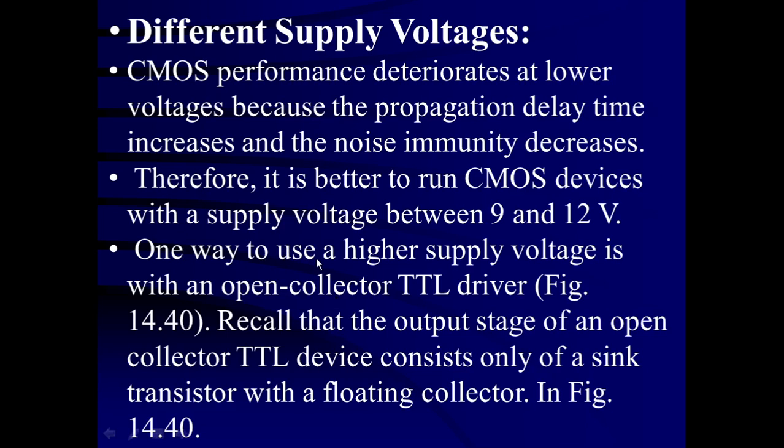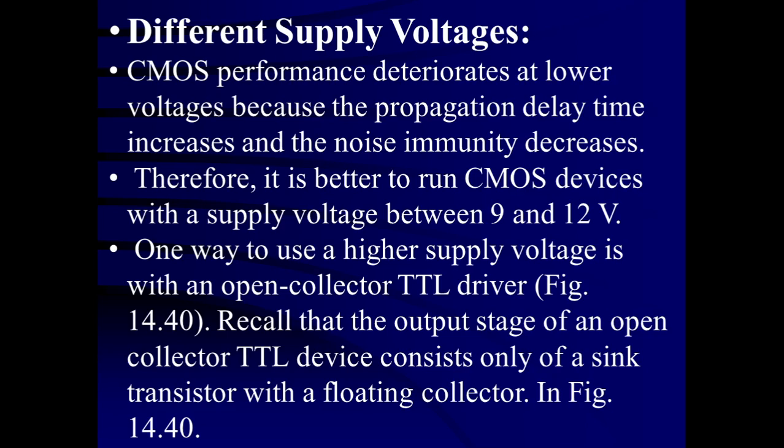So one way to use the higher supply voltage is with the open collector TTL. How can we do this? TTL can only operate at 5 volt, and CMOS can have any voltage between 3 volt to 15 volt, but it is best to utilize 9 to 12 volt. So one way to operate TTL with something other than 5 volt is to use open collector TTL circuits, where the collector of the TTL output is open.